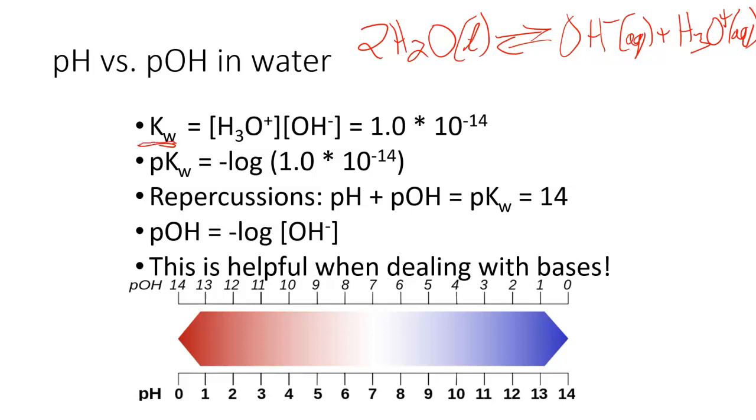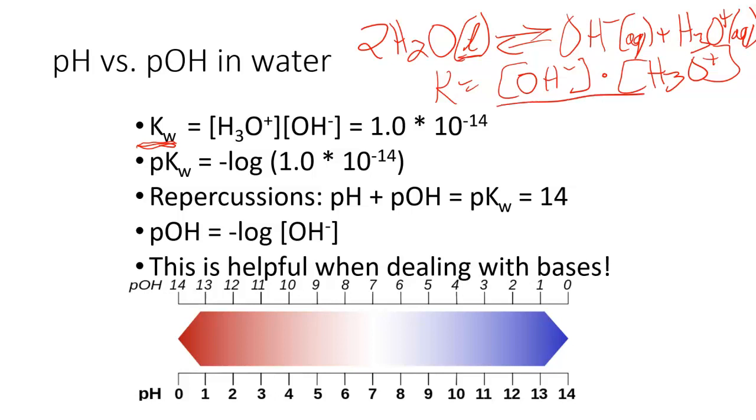We can write our K equation, so our equilibrium expression is our products, so K is going to be equal to the concentration of OH- times the concentration of H3O+, over our reactants, but H2O is a liquid here, so this is going to be over 1.